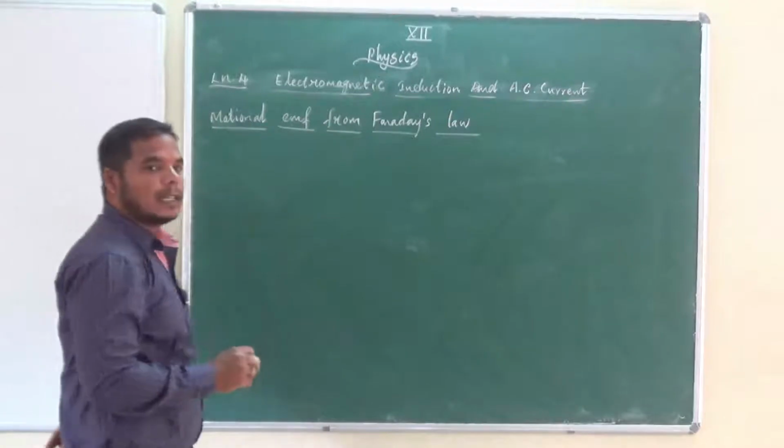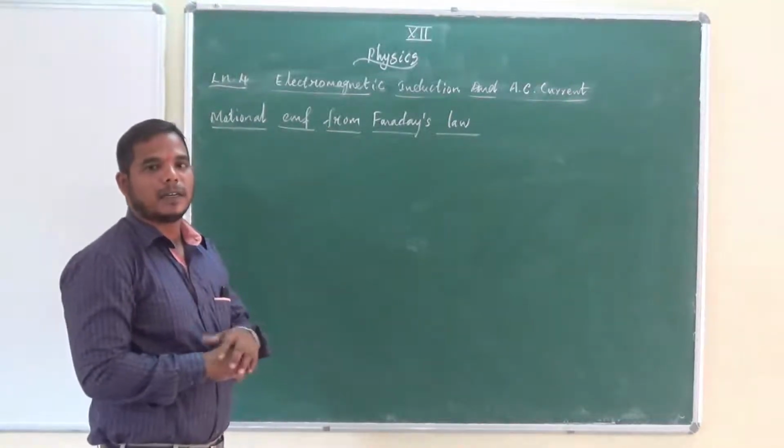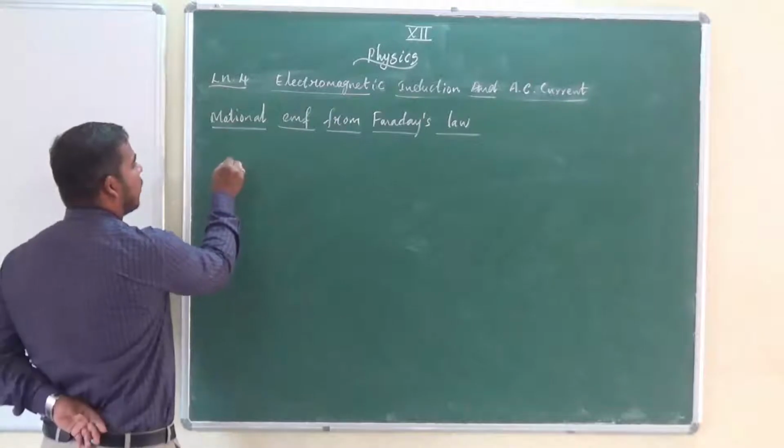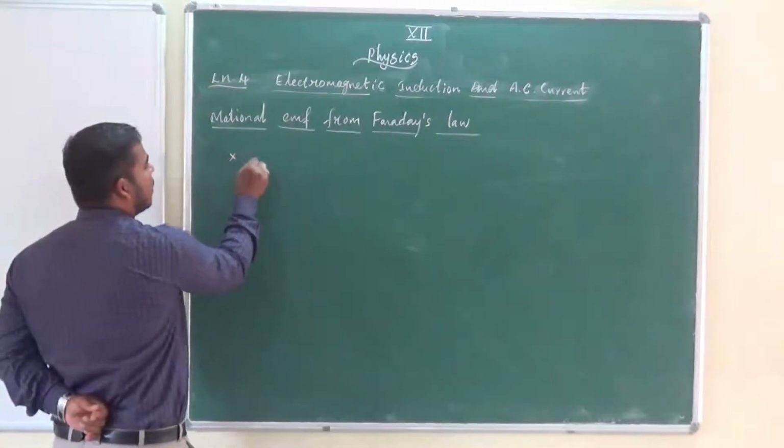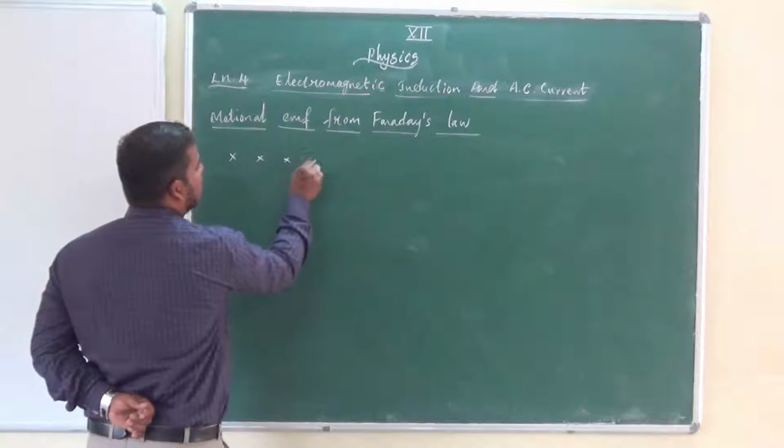So I will consider a uniform magnetic field. See that the uniform magnetic field is represented by the cross symbol.